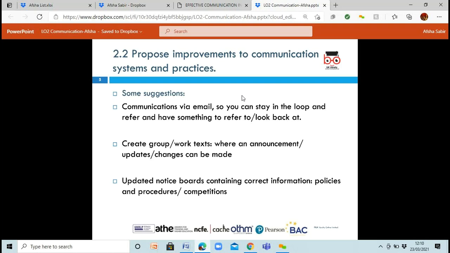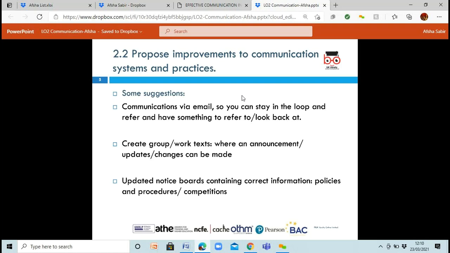Some suggestions: you can have communication via email. If you missed a meeting, or you've been held back because you had some duties, you can get that information through email.